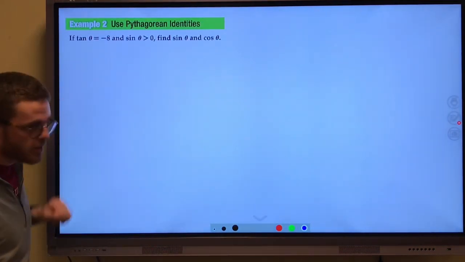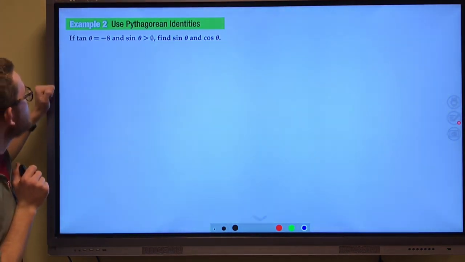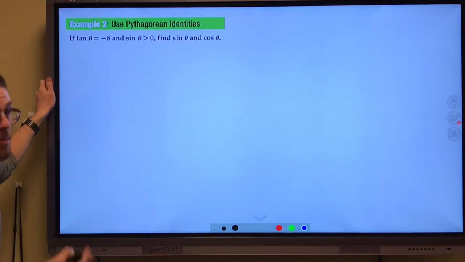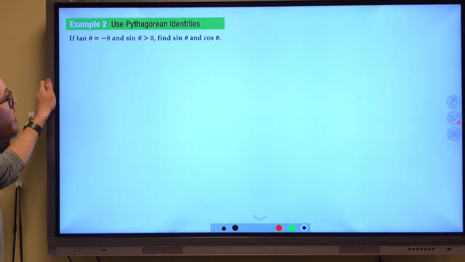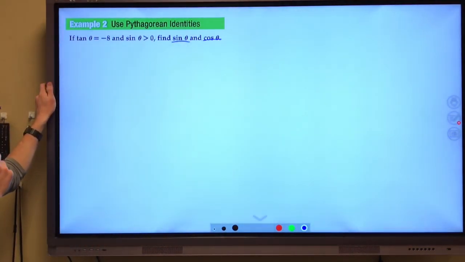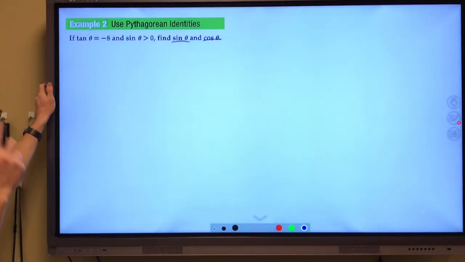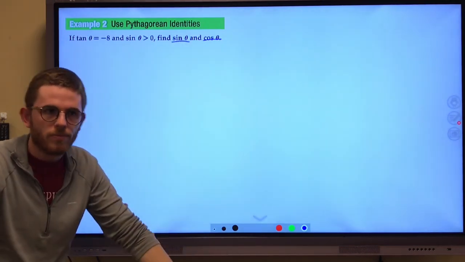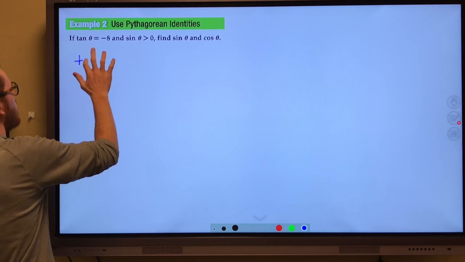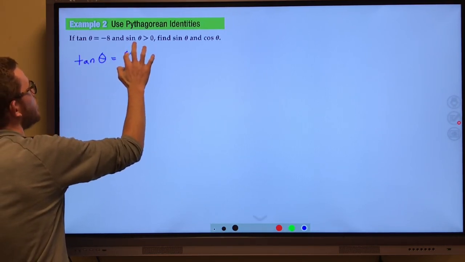Let's use them. Take a look at this. We're given tangent of an angle is -8. We're told that the sine of the angle happens to be greater than 0, and we want to find sine and cosine. So that's where we're going to start working toward. Just thinking long term, tangent of an angle is sine over cosine.